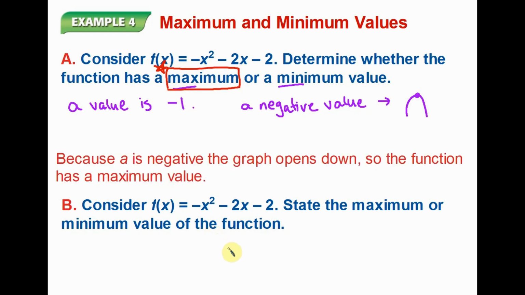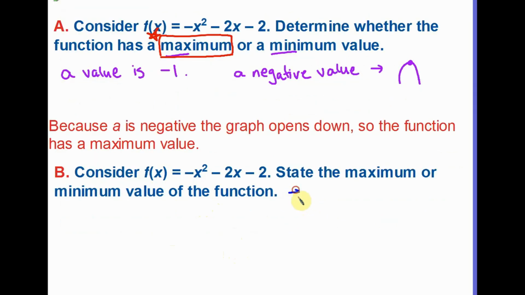Continuing with the same function, state the maximum or minimum value of the function. So now, if you're actually looking for the value of the max, I'm asking you to find the vertex. Repeating similar steps, the first one is finding the axis of symmetry, x is equal to negative b over 2a, where in this case b is negative 2 and a is negative 1.